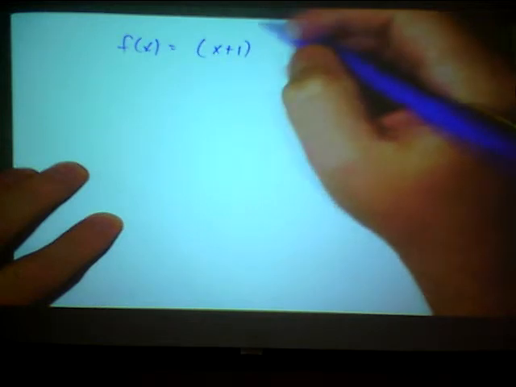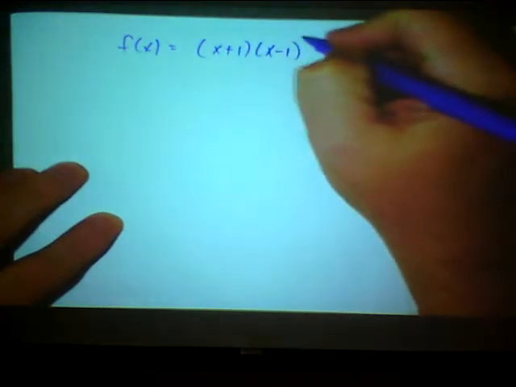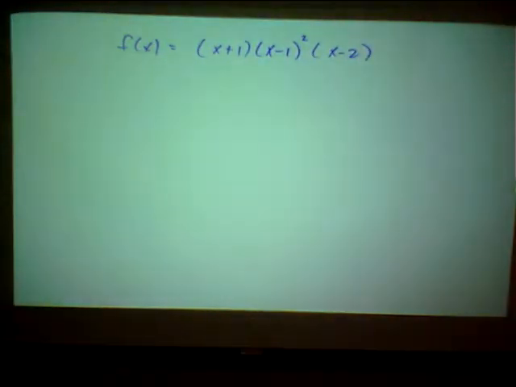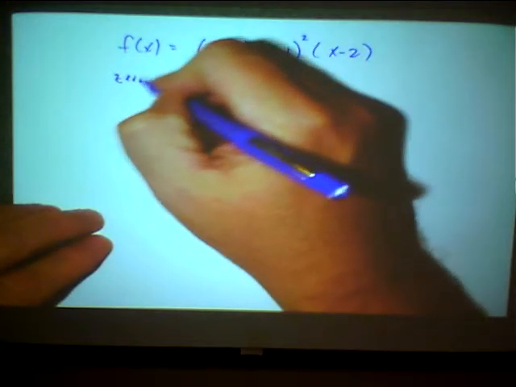x plus 1 times x minus 1 squared times x minus 2. So it turns out this function has already been factored. So I'm going to find the zeros.